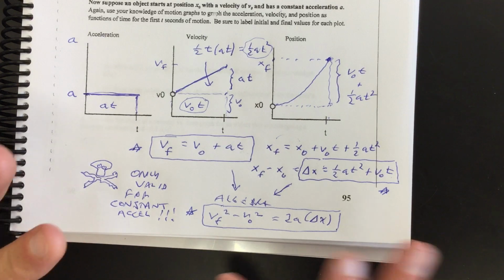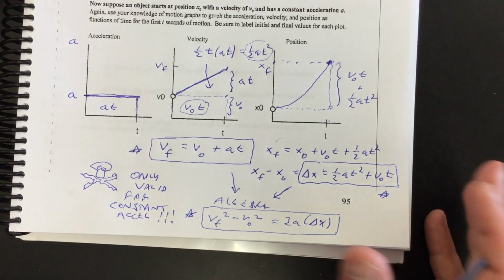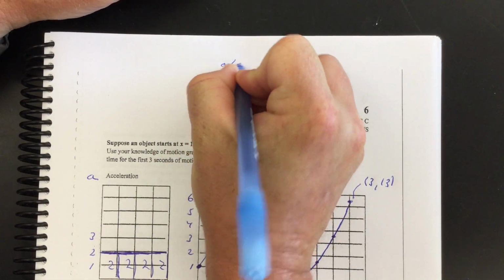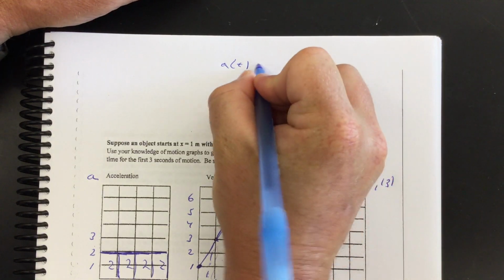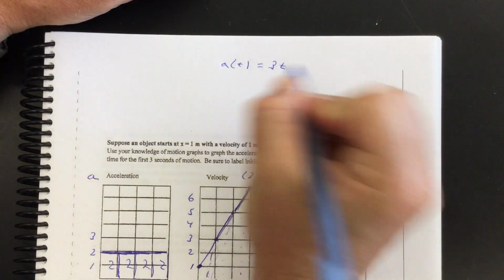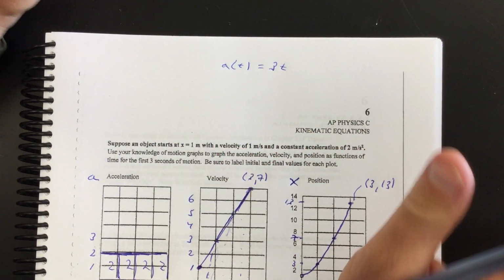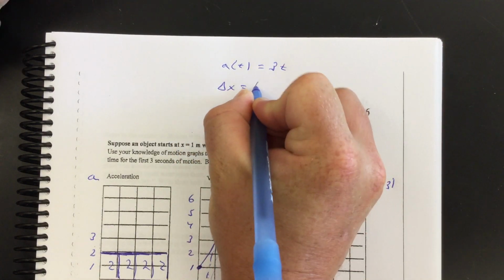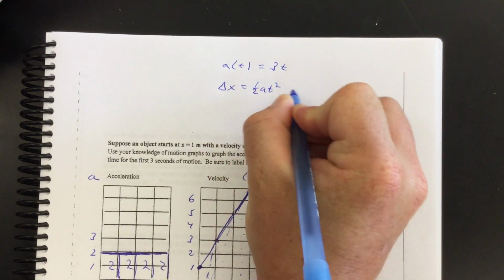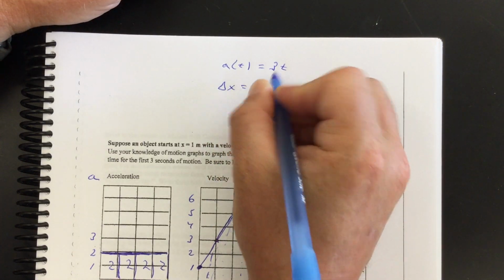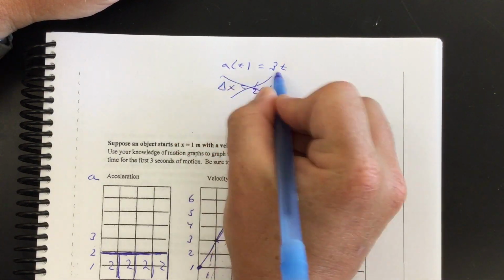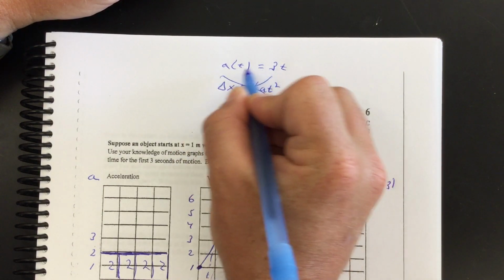Just as one quick example of when something like that would pop up where they try to mess with you on the AP, if they give you an acceleration as a function of time, like 3t, a huge mistake that somebody might make is they'll say, oh, my change in position, I know a formula, it goes like 1/2 at squared, and then they'll just try to plug in the a for this. Do not do that because this acceleration is not constant.